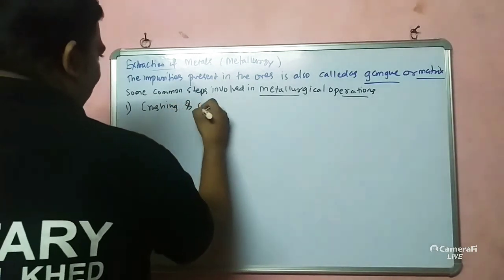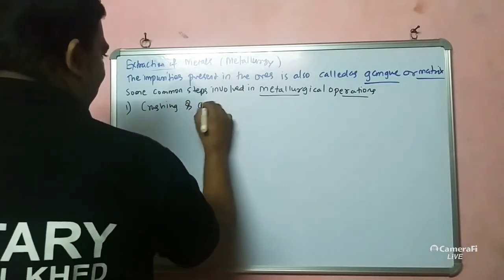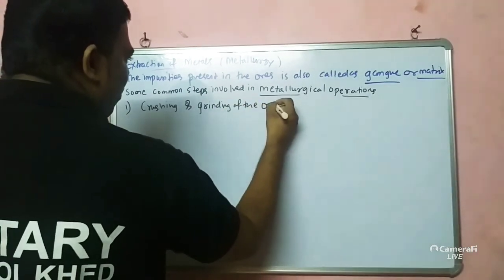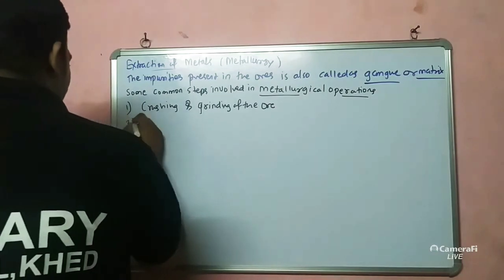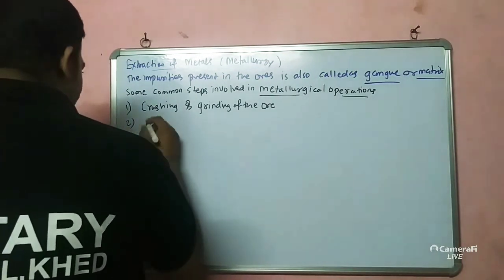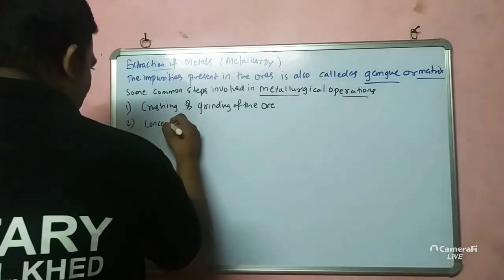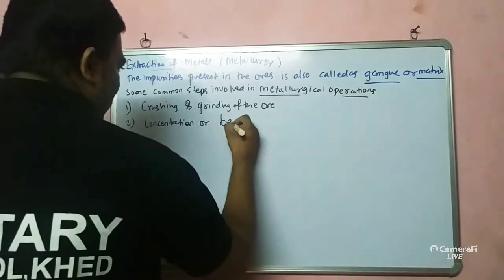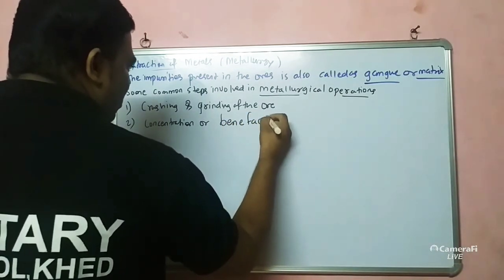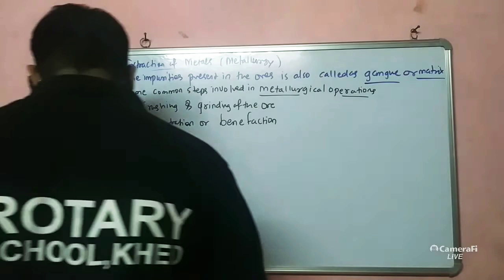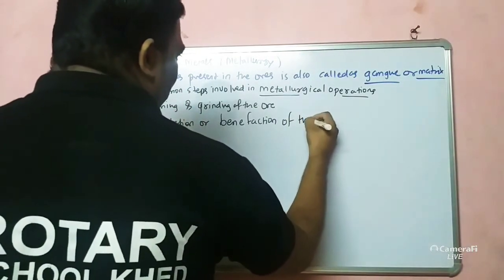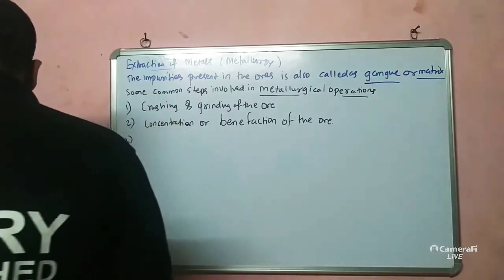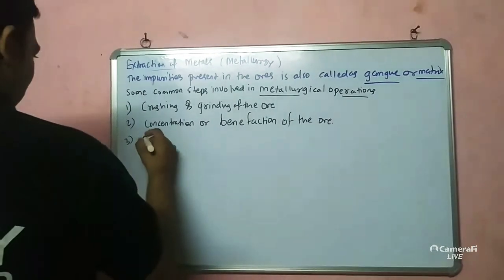Second is concentration. और त्याला एक दूसरा वर्ड है बेनिफेक्शन, बेनिफेक्शन ऑफ द ओर. ठीक है. थर्ड वन, एक्सट्रैक्शन ऑफ क्रूड मेटल फ्रॉम कॉन्सेंट्रेटेड ओर.